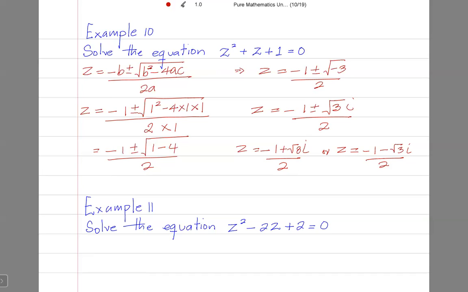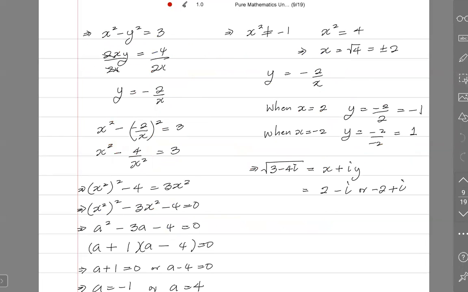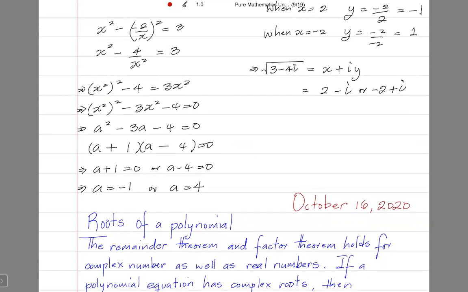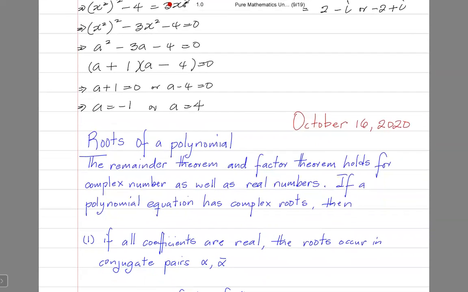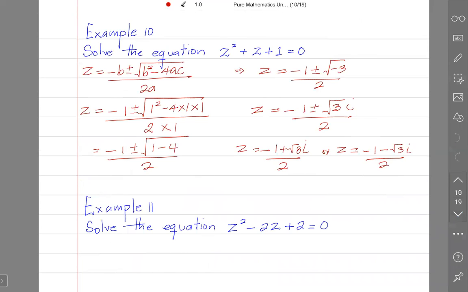All right, so I want to just get back to a statement that was made earlier. The statement says, if all the coefficients are real, the roots occur in conjugate pairs. Now, if we get back to the example, we'll notice that all the coefficients of z are real, and we notice that the answers, which are the solutions of the equation, which are the roots, occur in conjugate pairs.